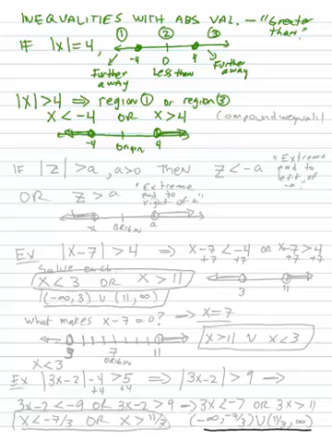We want to set up a compound inequality to represent those 2 regions, extreme ends of the number line, the union of 2 sets that point in opposite directions. We have a disjunction, in other words. The strategy would say, if you have the absolute value of some expression z is greater than a number a, and again, that number is greater than 0, then that expression z must be less than -a, and that's the extreme end to the left of -a, or z must be greater than +a, and that's the extreme end to the right of a.